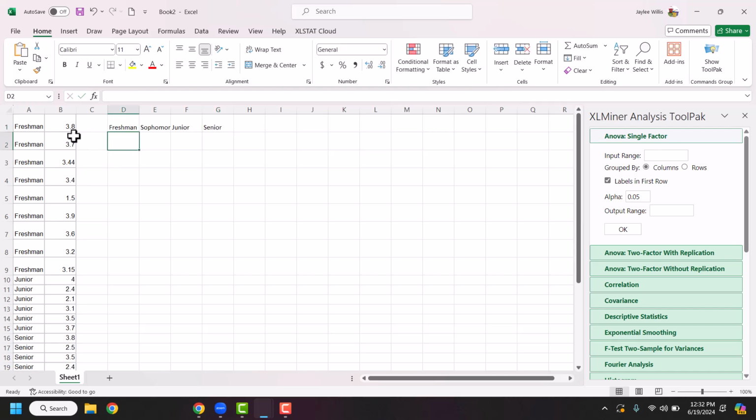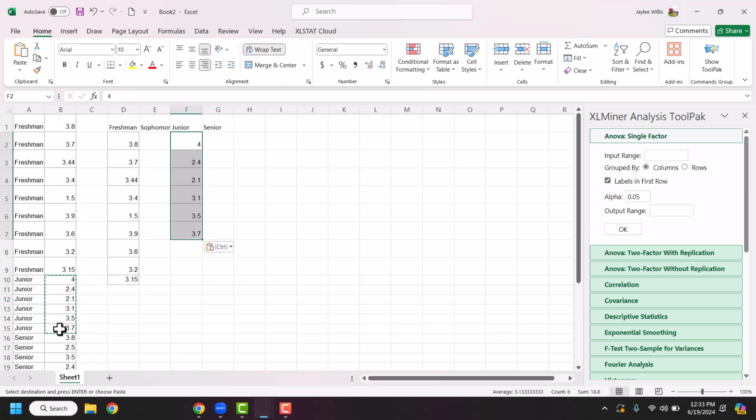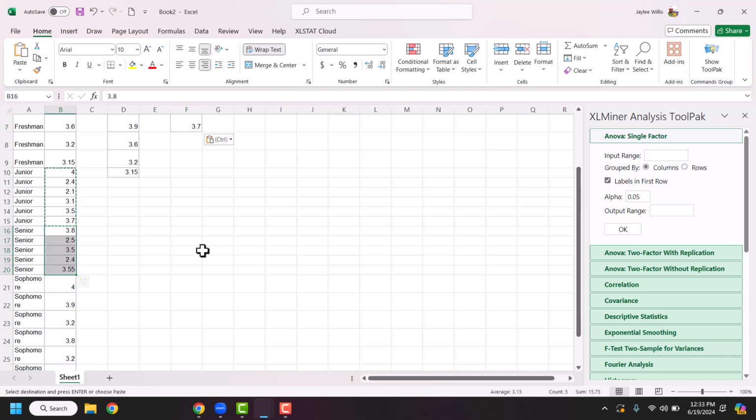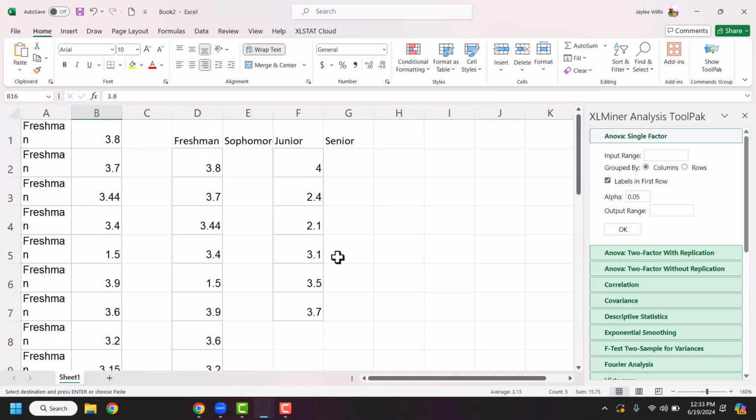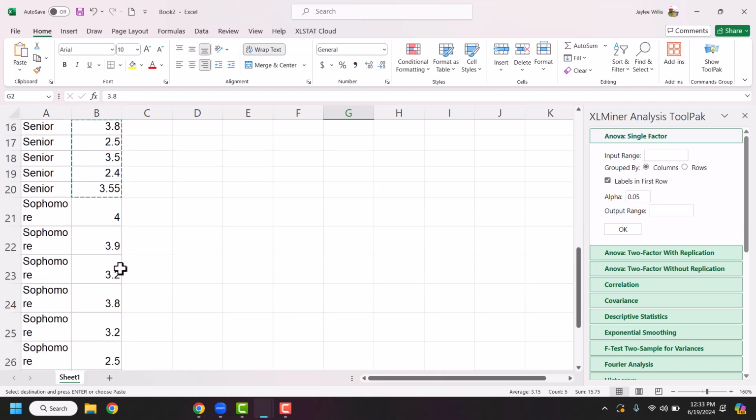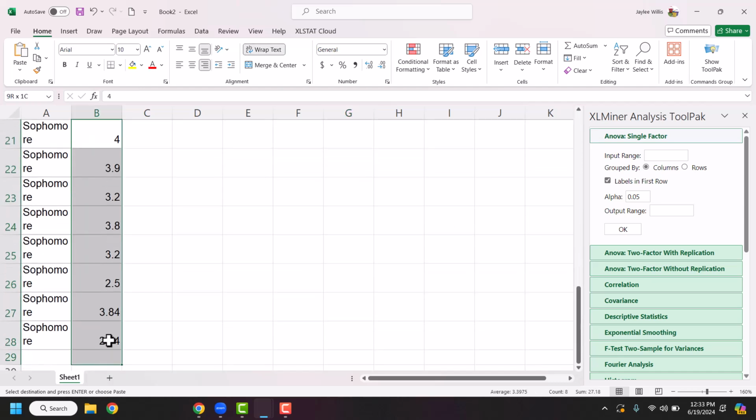And then underneath them, or next to them, if you did rows, you're going to put all of the data that fits in that category. So I'm just copying and pasting my freshman, junior, and senior and sophomore data.